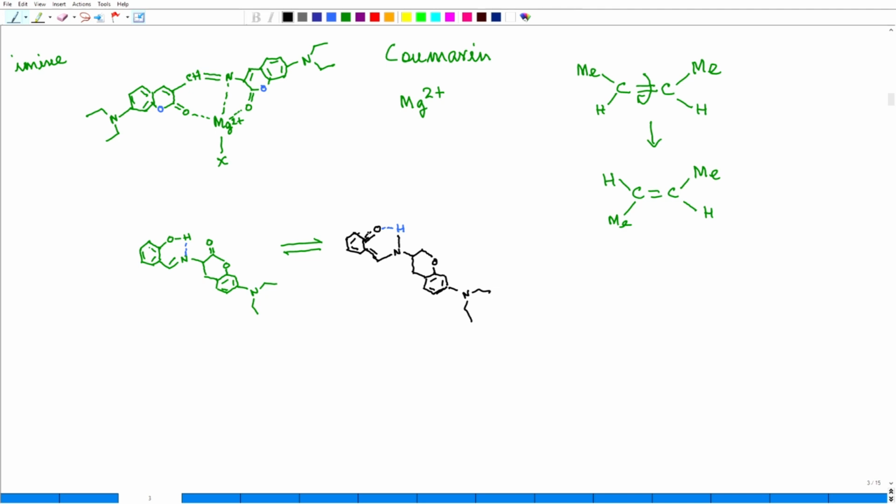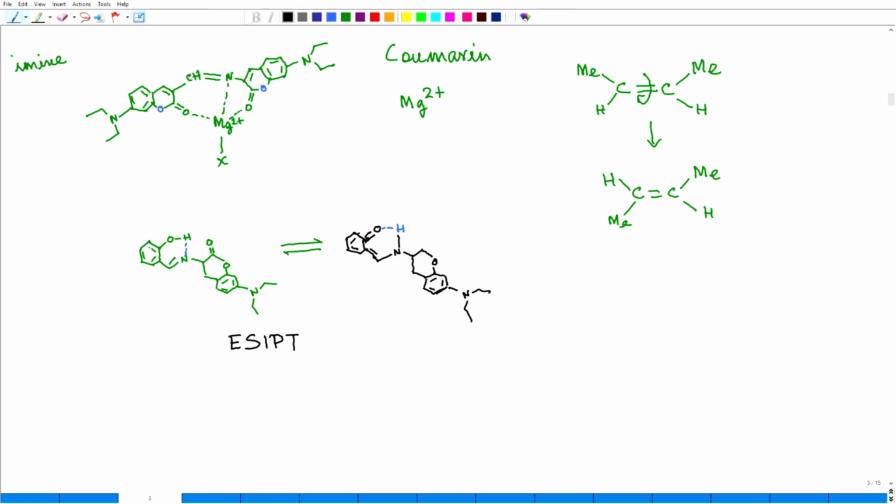and this is known as excited state intramolecular proton transfer, the ESIPT mechanism.